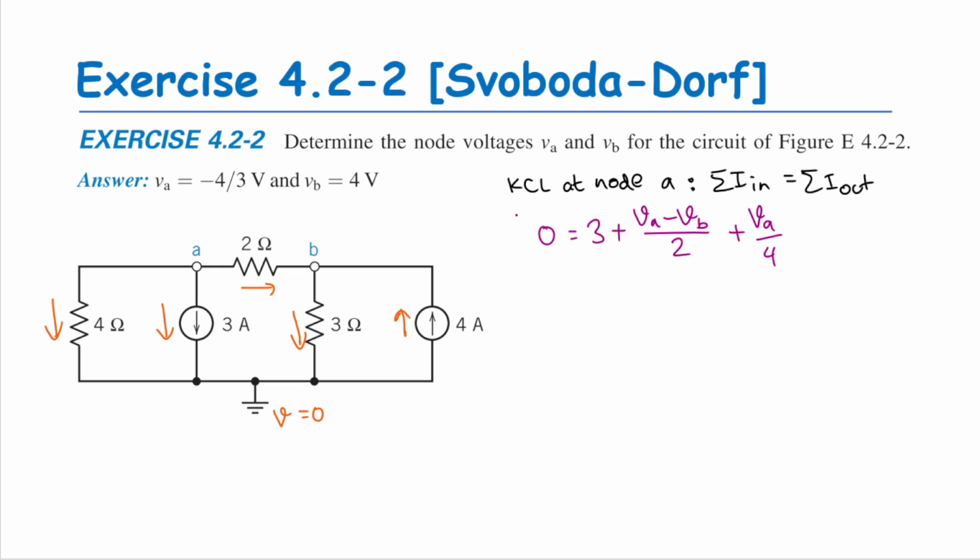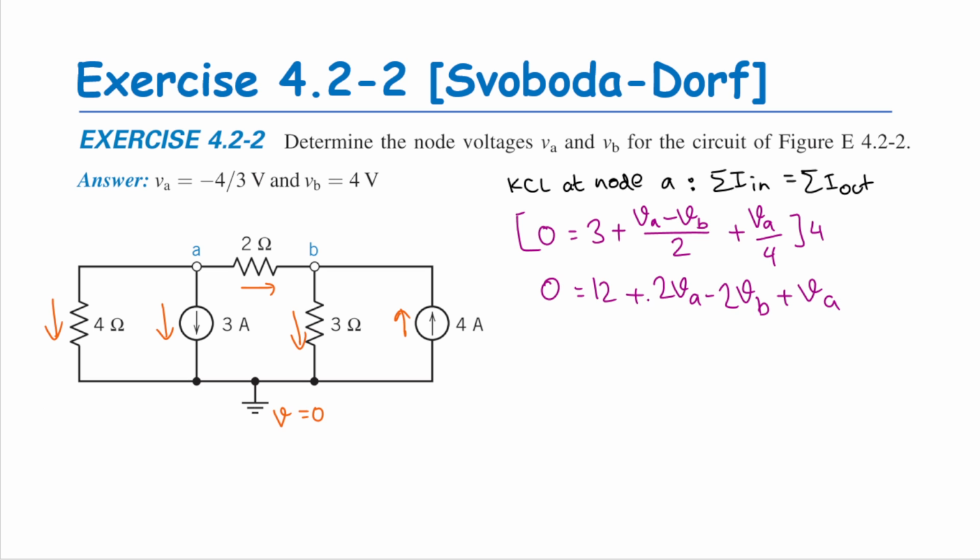Now we can multiply both sides by 4 to get rid of the denominator. So we will have on the left hand side still 0. And then 3 multiplied by 4 is 12. And 2 and 4 will cancel into 2, so we will have 2 VA minus 2 VB here, and then 4 and 4 will cancel each other, so I will have VA.